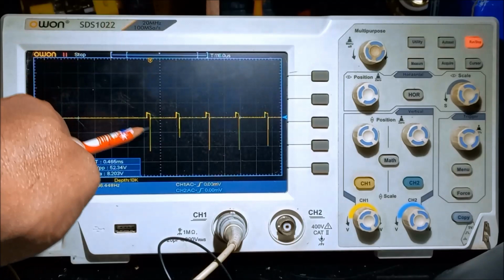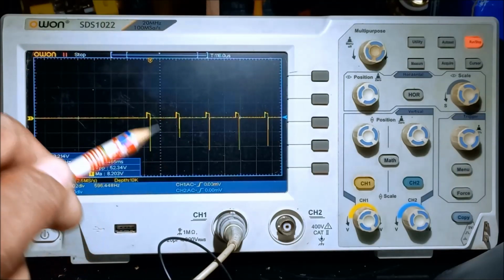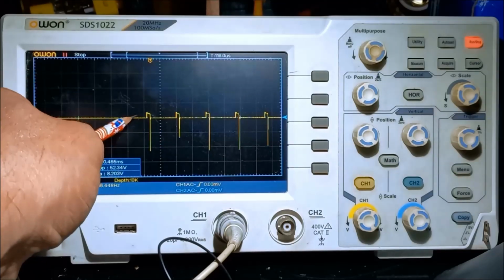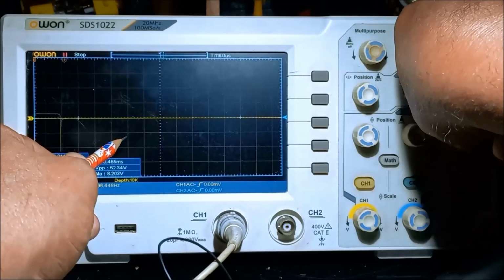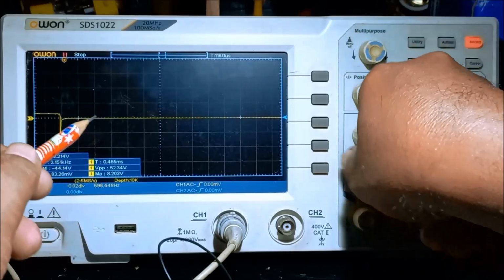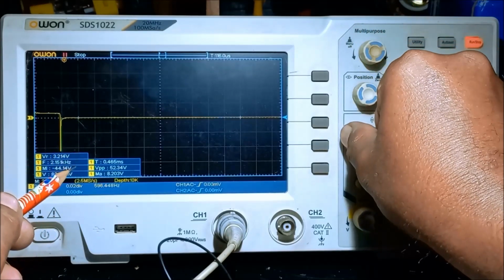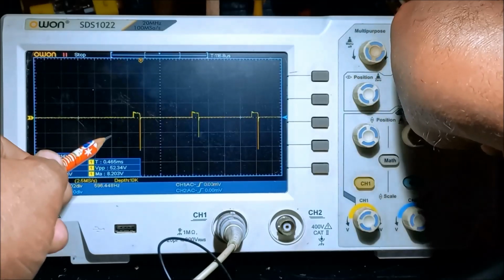So that is the waveform characteristic of the bird sound circuit using the transistor. It is due to the charging and discharging of capacitor.